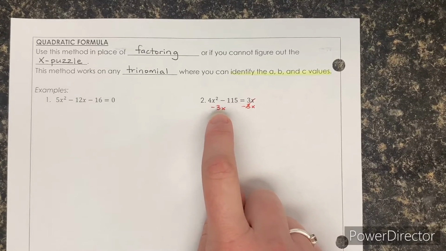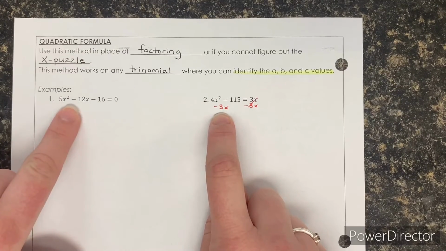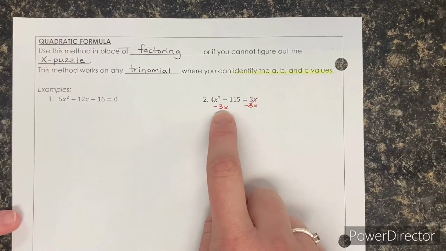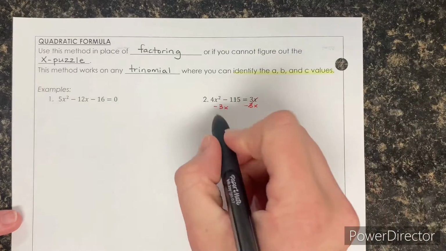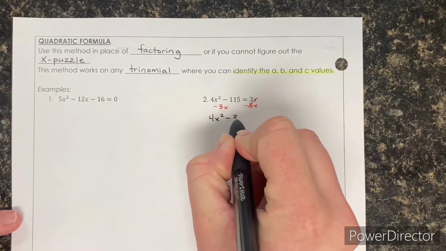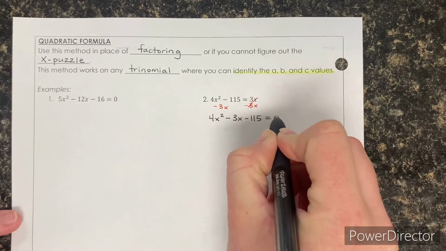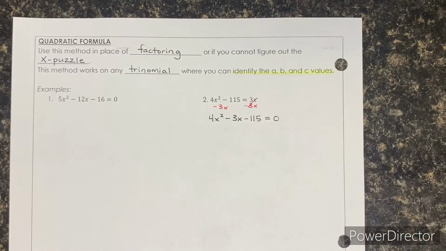So then I now have to decide, is this going to be my a, b, or c value? So remember, it's always ax squared plus bx plus c. It's going to look like example number 1 right here. So this 3x is actually my b value. So when I rewrite this, it's going to be 4x squared minus 3x minus 115 equals 0.